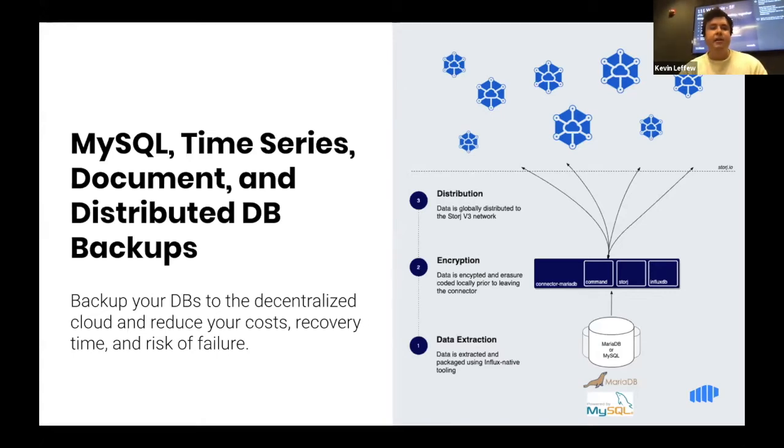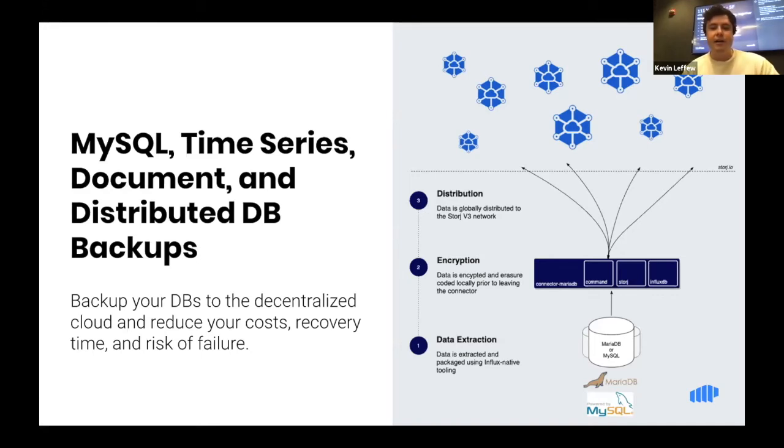And what's really interesting is with Tardigrade, your backups are globally distributed, they're more resilient, they're more secure, and really easy to integrate with existing S3 protocol backups. And by doing so, you can reduce your cloud storage bill in half.